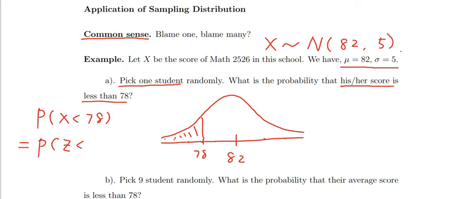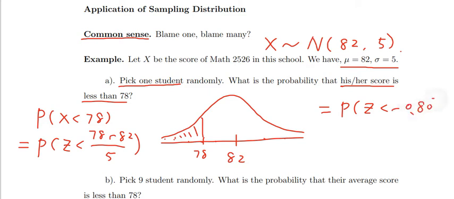First step, change the general normal to the standard normal: minus mu, divided by sigma. After a little calculation, this equals negative 0.8.